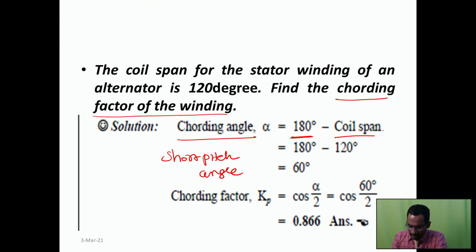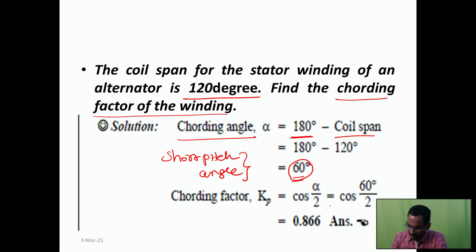Now the coil span, as per this data, is 120 degrees. So the difference between these two is 60 degrees. So how much is it shorted? 60 electrical degrees.